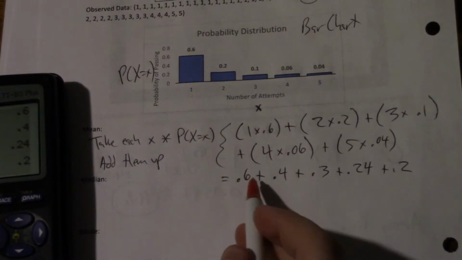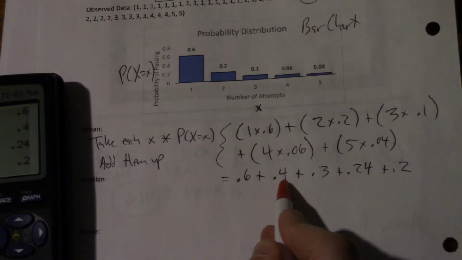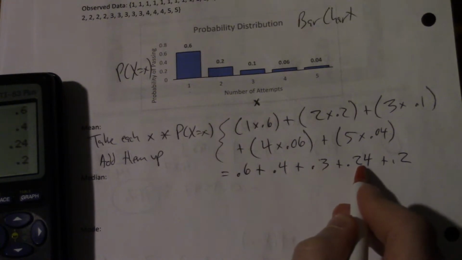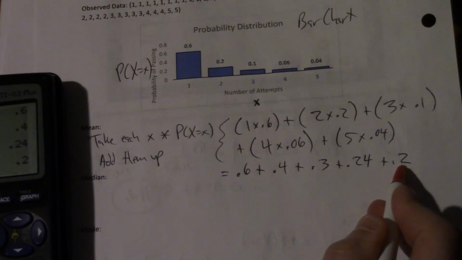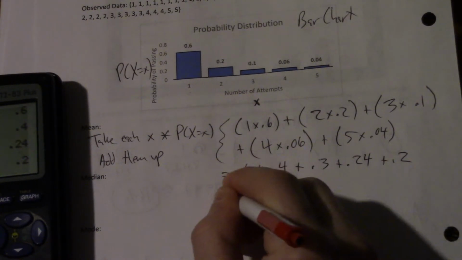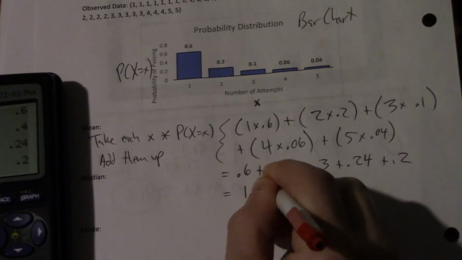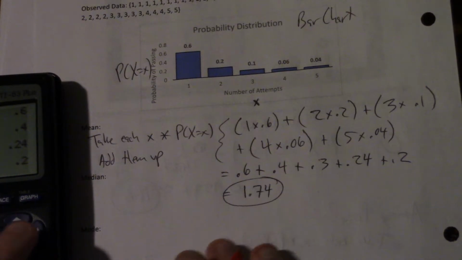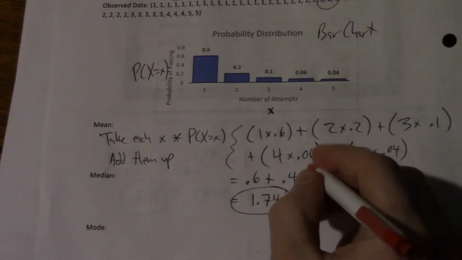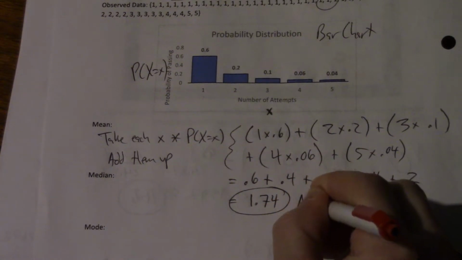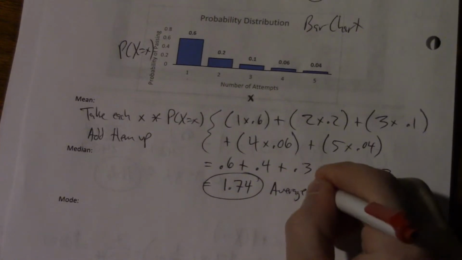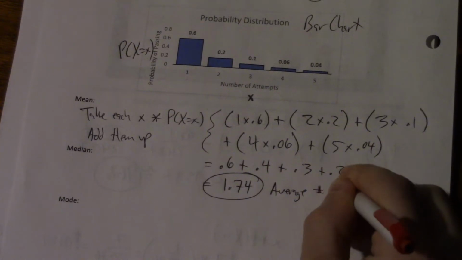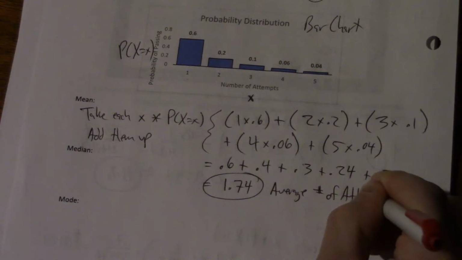Then we add those all up. 0.6 plus 0.4 is 1. Plus 0.3 is 1.3, and 0.24 is 1.54. Plus 0.2 is 1.74. And that's your average. This is the average or the mean number of attempts to pass this driver's test.